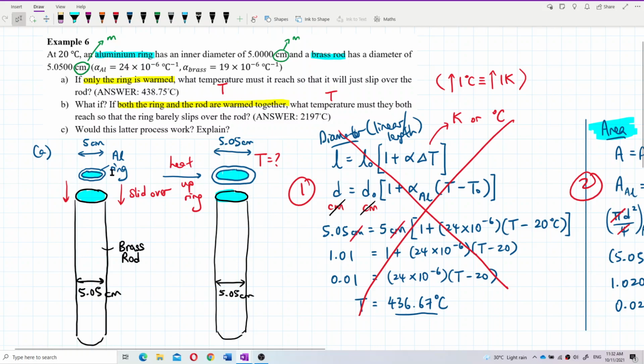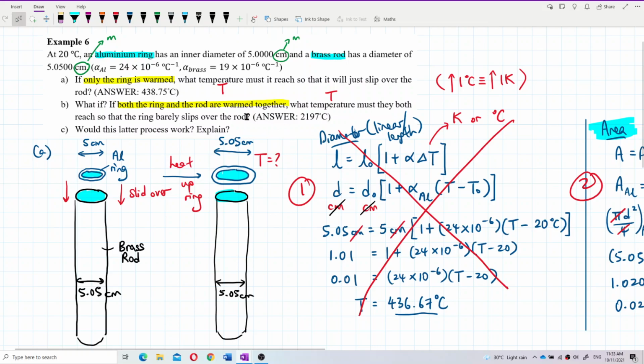Even though the aluminum ring is smaller compared to the brass rod diameter, aluminum has a higher alpha value than brass. So aluminum, the ring, will expand faster than the rod, and at a certain temperature they will achieve the same area.